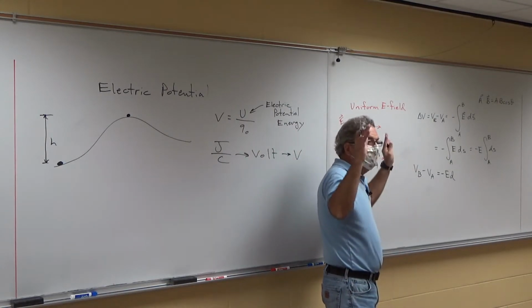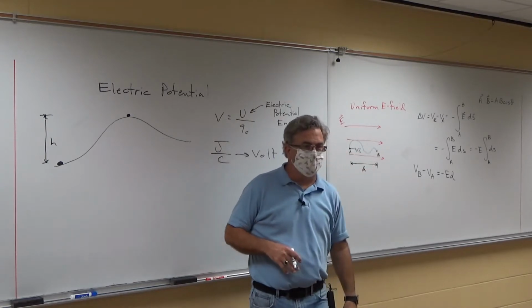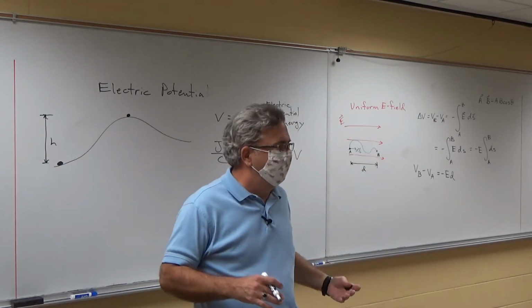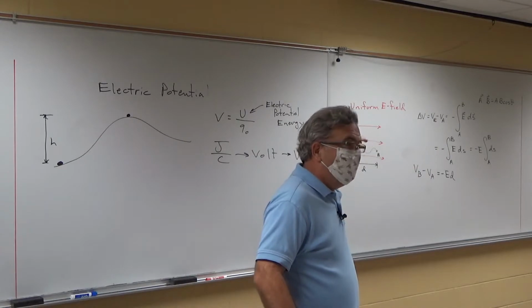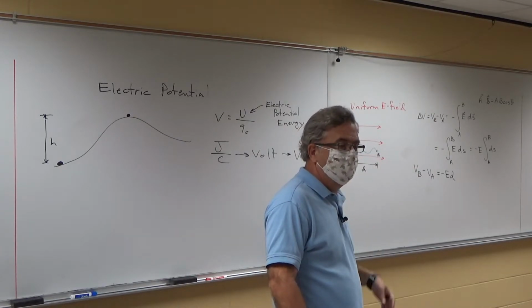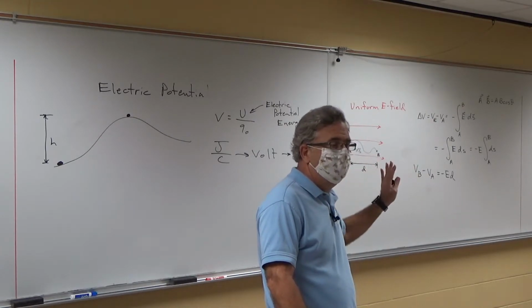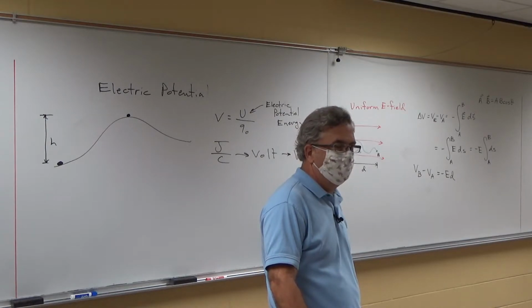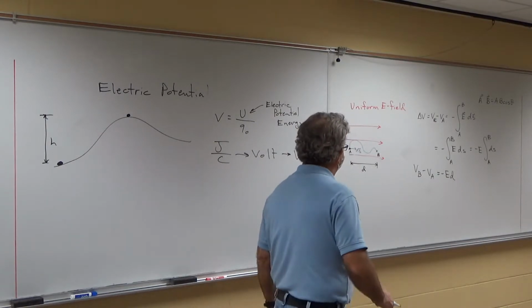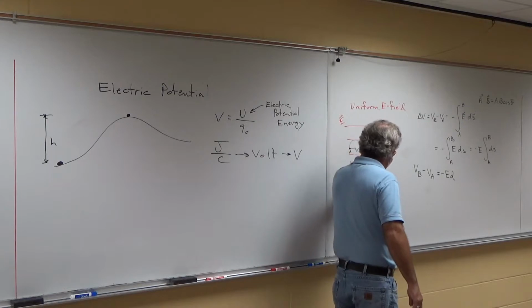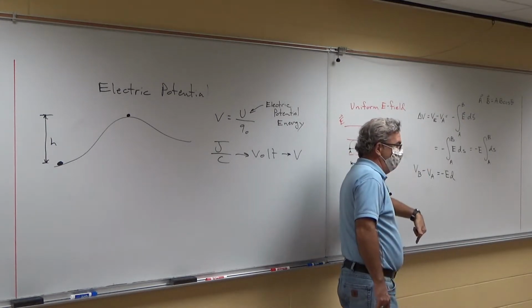I know this potential thing is sort of nebulous right now, but it's just a word. The change in potential is defined by how you're moving in the electric field. So if you're moving with the field lines, you're going down in potential.